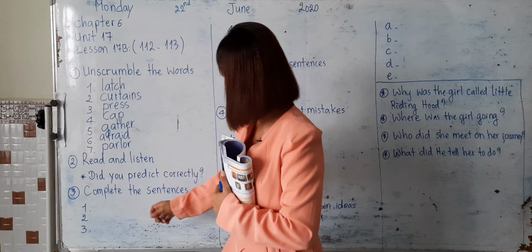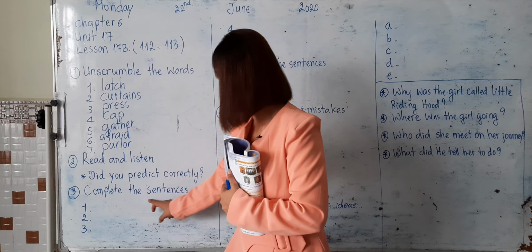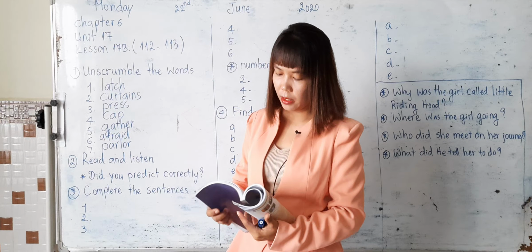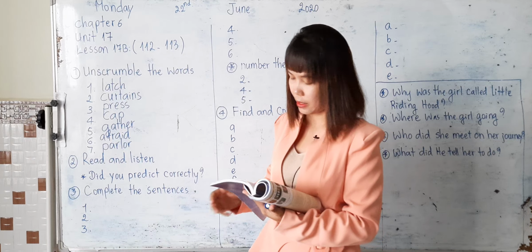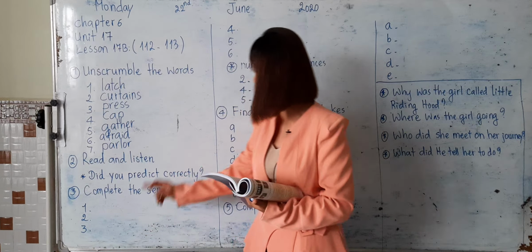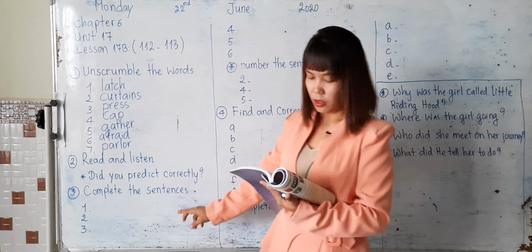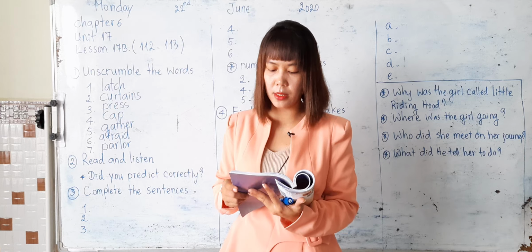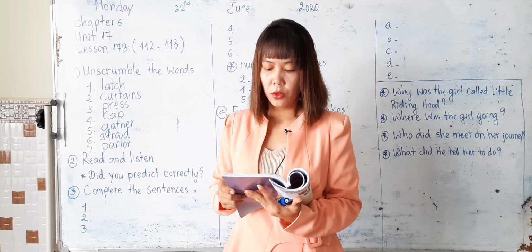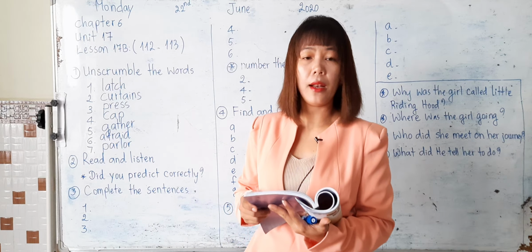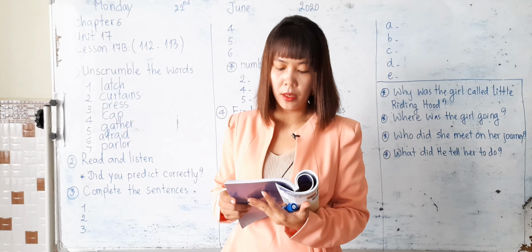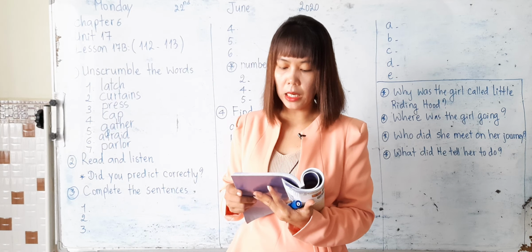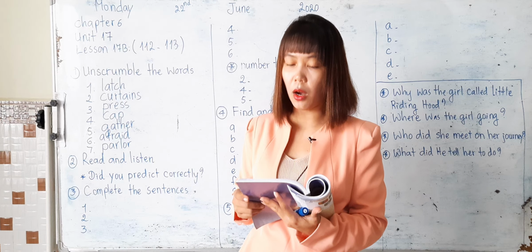Continue number 3, complete the sentences. You can see the sentences there; there are 6 sentences. Look at number 1: we have two verbs, press and open. Number 1: the wolf pressed the latch and the door opened.